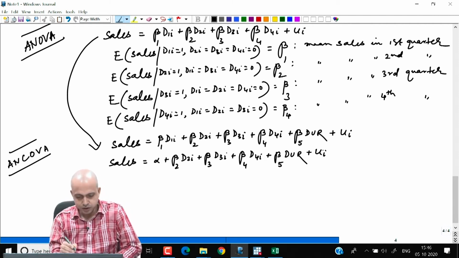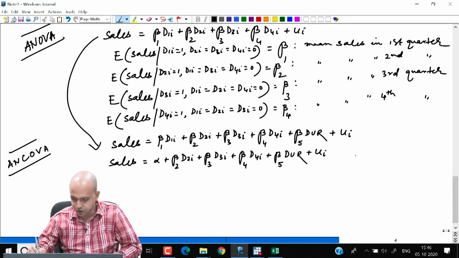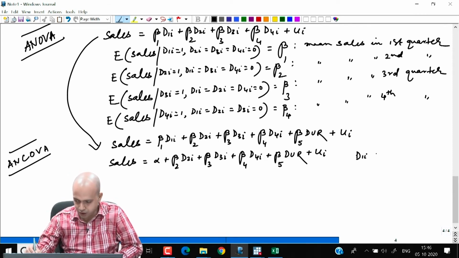So here, since we have already introduced the intercept, we consider D1I actually the base category.